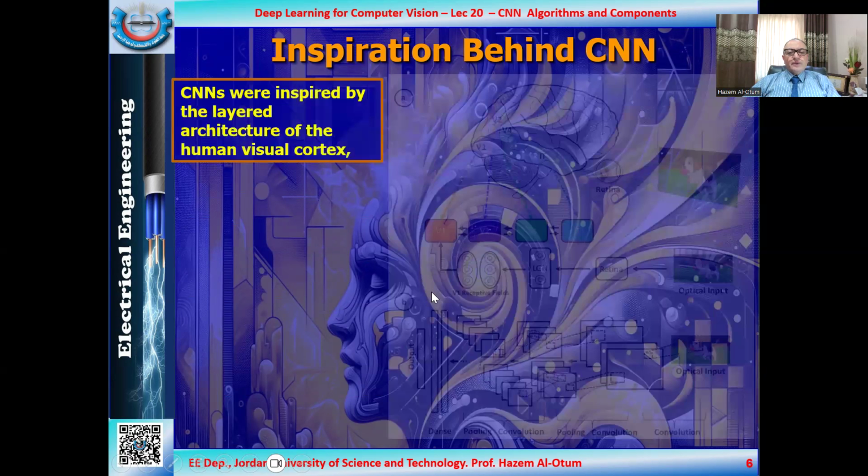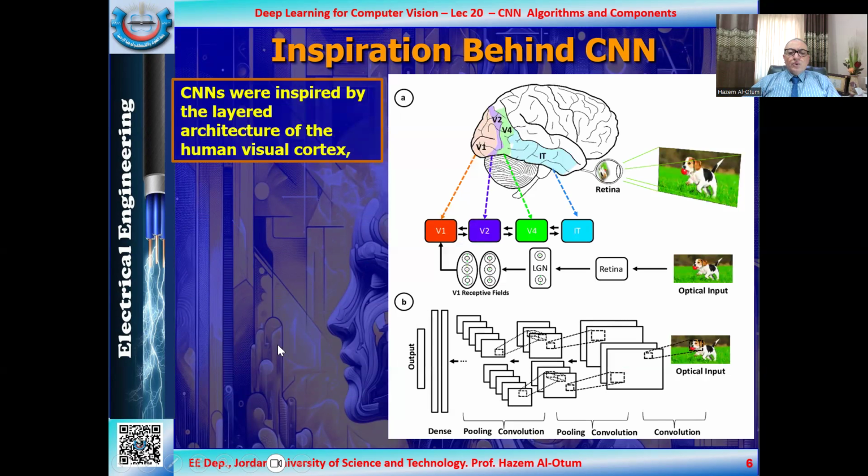What is the main idea or the inspiration behind the CNN? CNNs are inspired by the layered architecture of the human visual cortex. Here we need some details from the brain structure for dealing with images. Suppose that this is the eye, here the retina. The image will be captured by the retina and sent by the optic nerve to the brain.